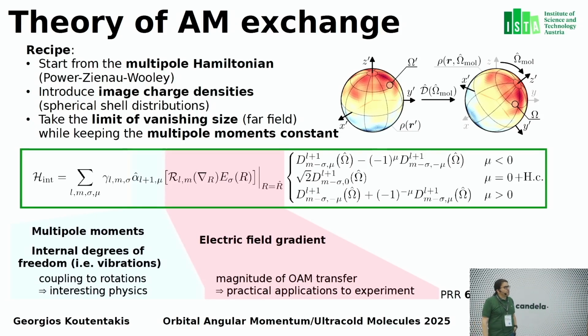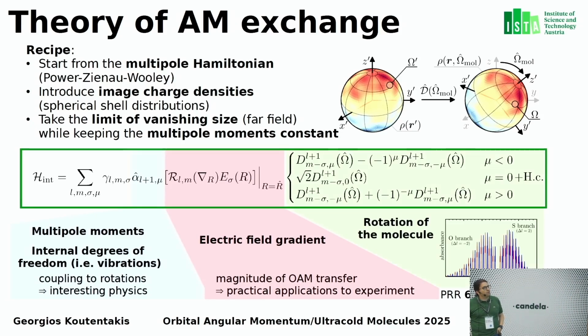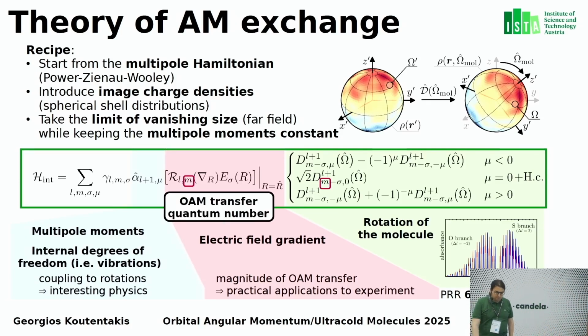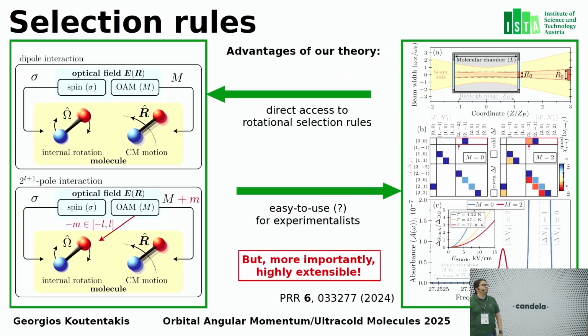And we can use essentially any field we like, and then all the rotations and selection rules come in the third term with all these nice D matrices. And my favorite quantum number in this expression is this M here, which counts how much orbital angular momentum is transferred from the beam to the molecule. And this enables new transitions that you won't find in books.